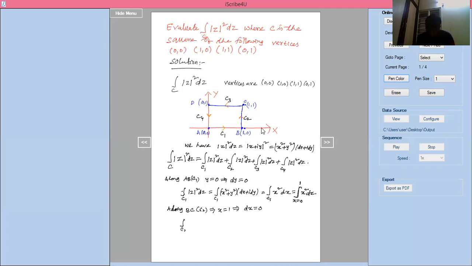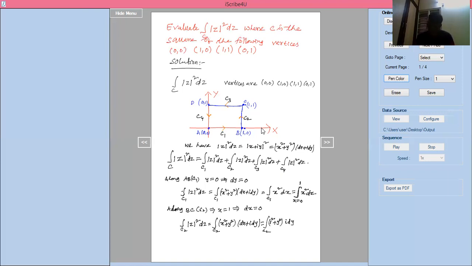Now I will get the integration along C2 of modulus of z square into dz, which is x square plus y square into dx plus i dy. Here x is 1, so 1 square plus y square, and dx is 0, so I dy remains.